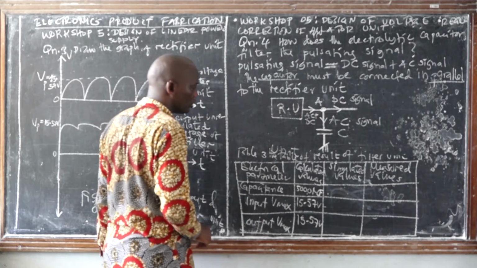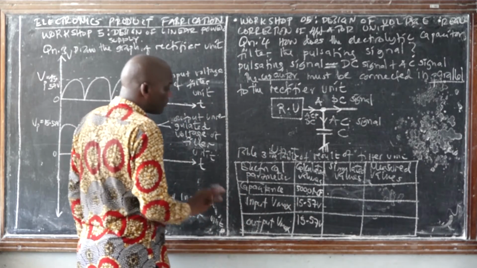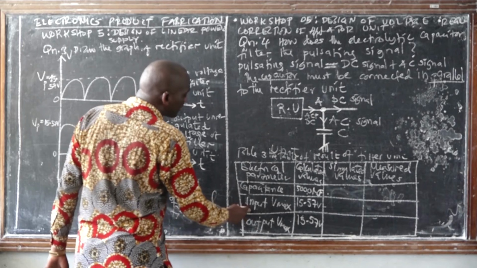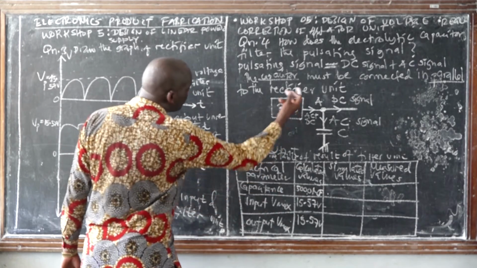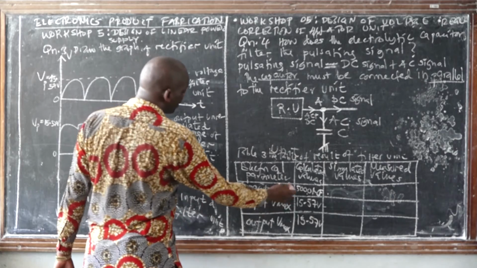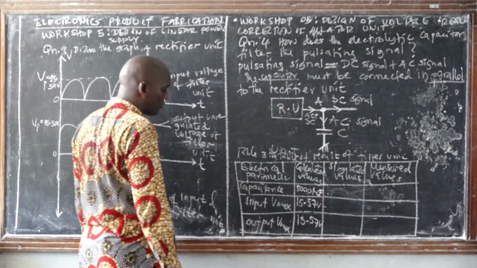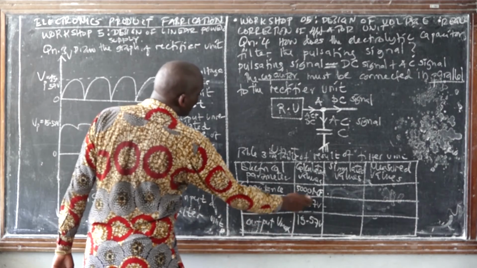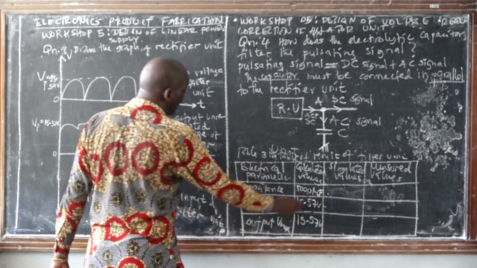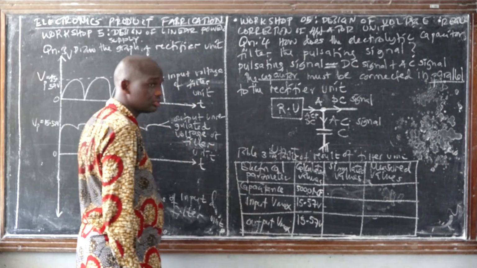That's a very important question. From there, you'll get the reason why the input maximum voltage to the filter unit is still 15.57, and the output is still 15.57, because we are talking about DC. We are no longer talking about AC.